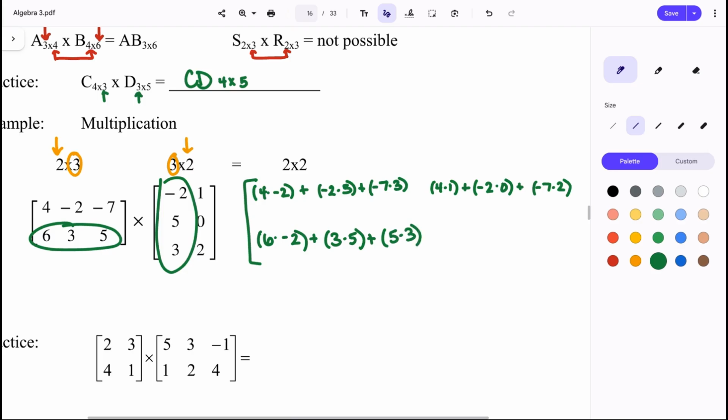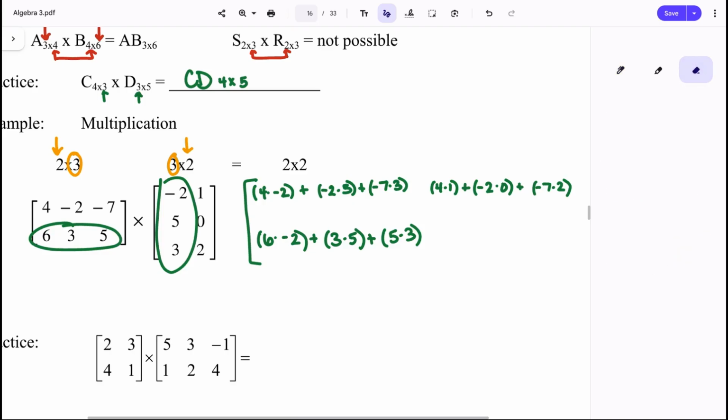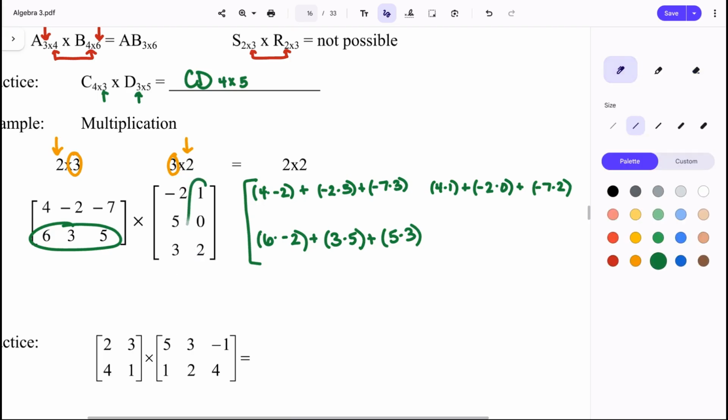Okay, and then what's my last pairing going to be? Bottom row, the first one times the second column. Yep. There you go. So that's going to look like this. 6 times 1 plus 3 times 0 plus 5 times 2.